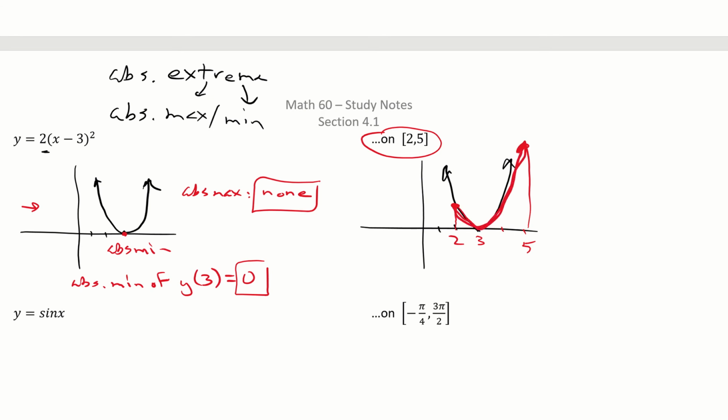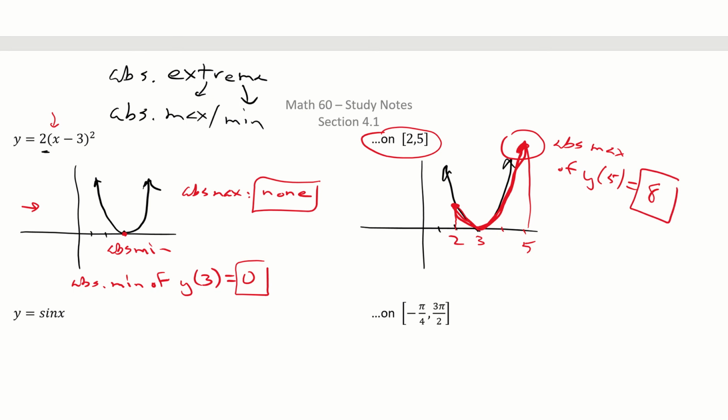And in this picture, we definitely have a max and a min. Watch. This guy is definitely the absolute max. Do you see that? The absolute max of y of 5, I haven't computed this, but y of 5 is what? I'm looking right here. 48. Okay, so that's the absolute max on the interval.